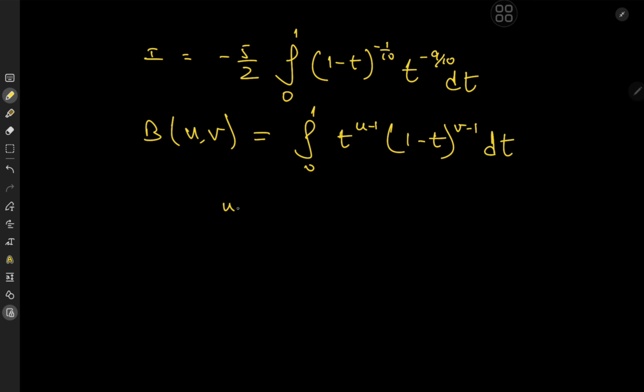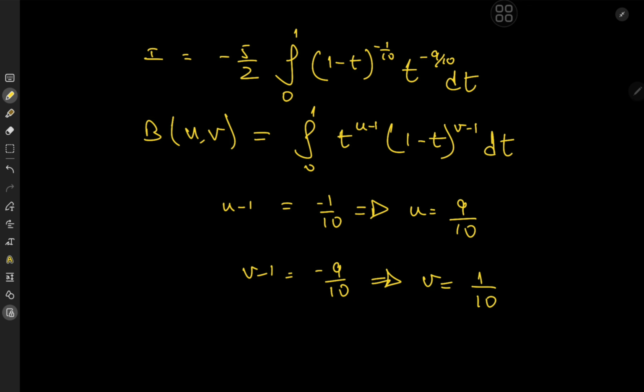So u minus 1 equals negative 1 over 10, which implies that u here is just 9/10, and v minus 1 equals minus 9 over 10, which implies that v here is just 1 over 10. So that means I here equals minus 5 over 2 beta function at 9 over 10 and 1 over 10.